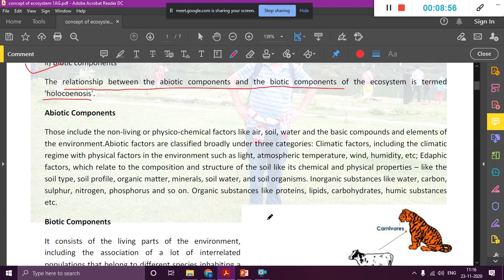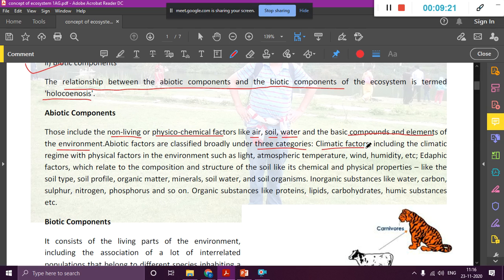So what are the abiotic components? The abiotic components are the non-living or physico-chemical factors like air, soil, water, and the basic compounds and elements of the environment. Abiotic factors are broadly classified under three categories. We have three types.